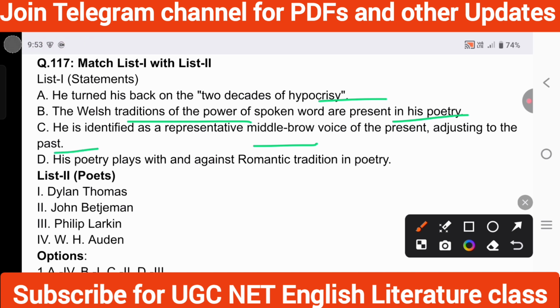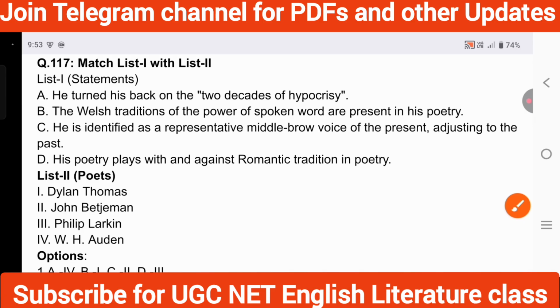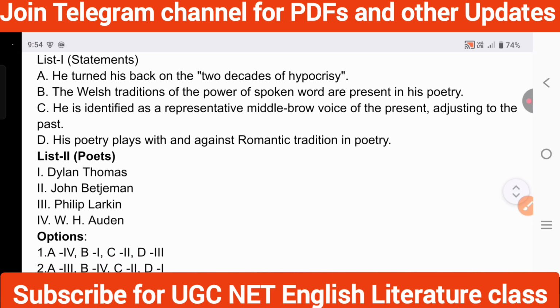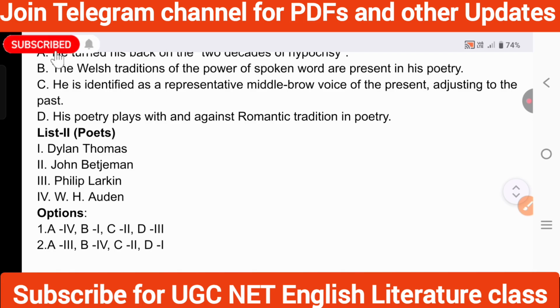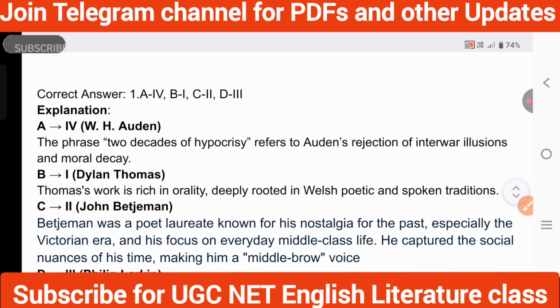And option D: his poetry plays with and against the romantic tradition in poetry. And in list 2 you have the poets Dylan Thomas, John Betjeman, Philip Larkin, and W.H. Auden. So you can simply understand, and even you have observed this, that it was a difficult-level question. They have tried to put it at a moderate level, but the question and phrasing they have somehow put here is tricky. The correct answer of this question was option one.